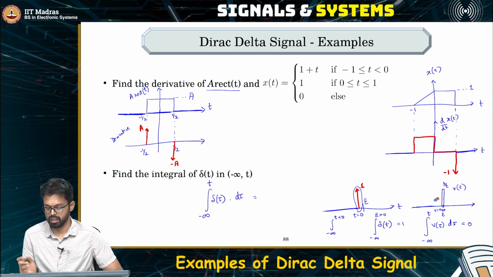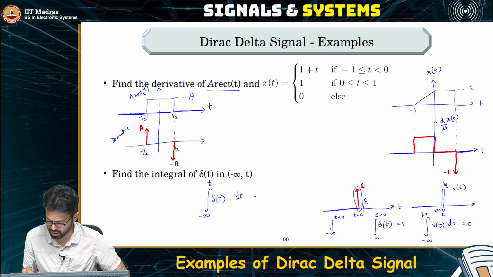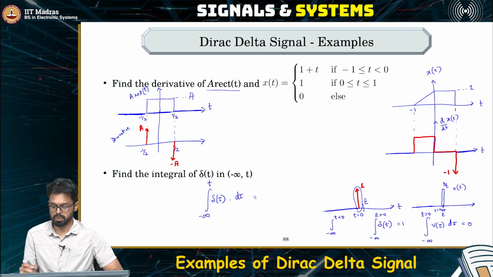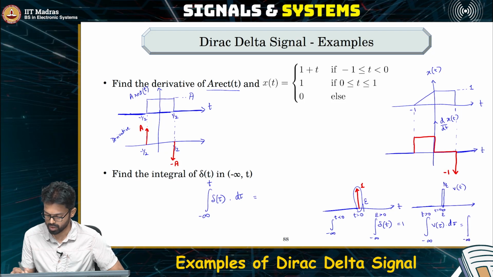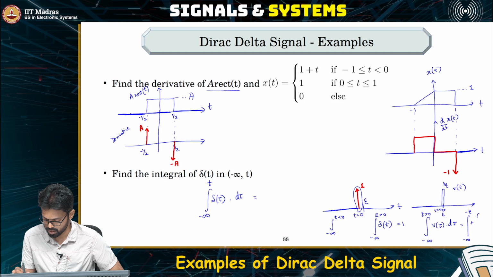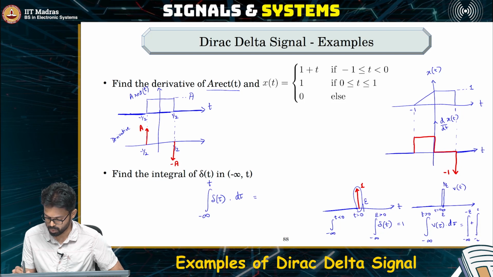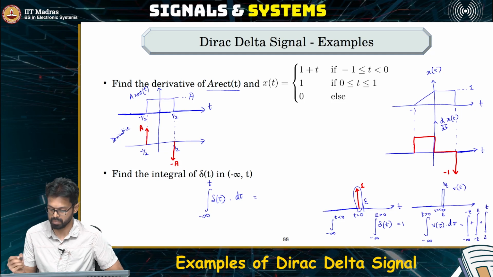The moment t is greater than 0, you can split this integral into minus infinity to minus epsilon, plus minus epsilon to epsilon, plus epsilon to t.